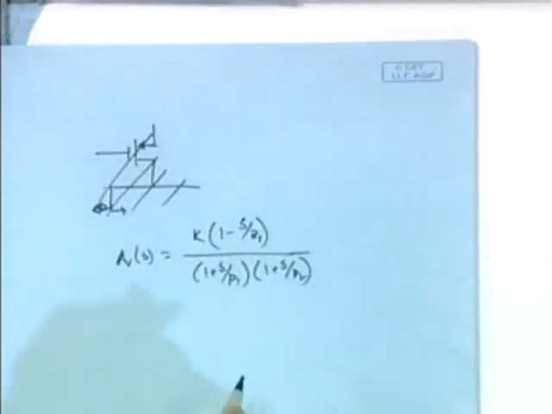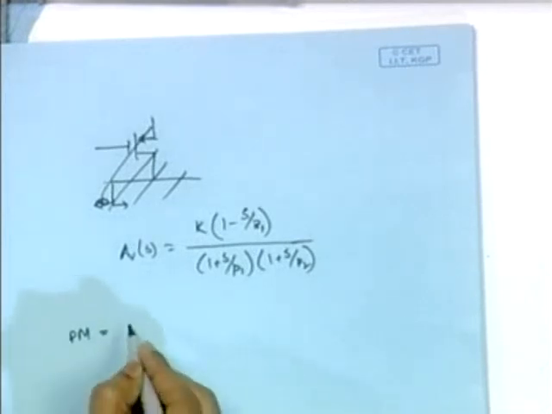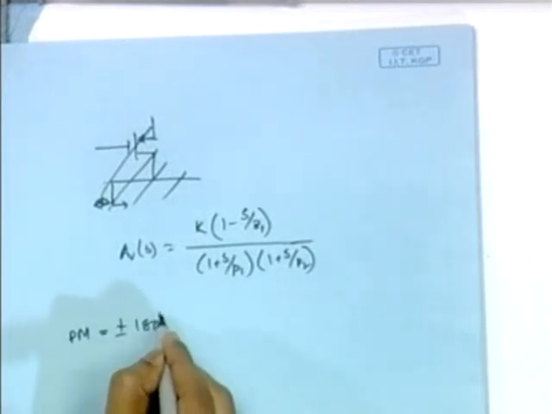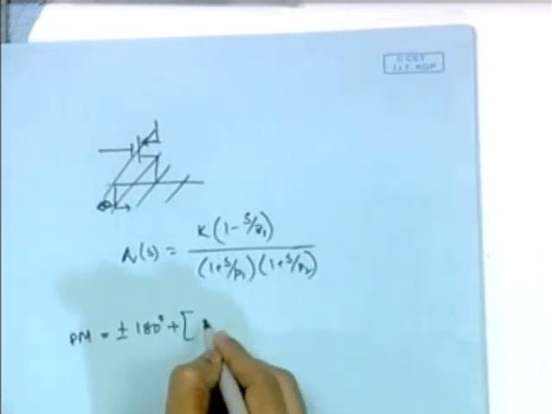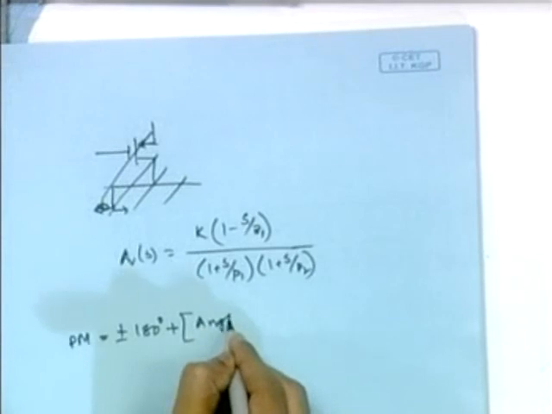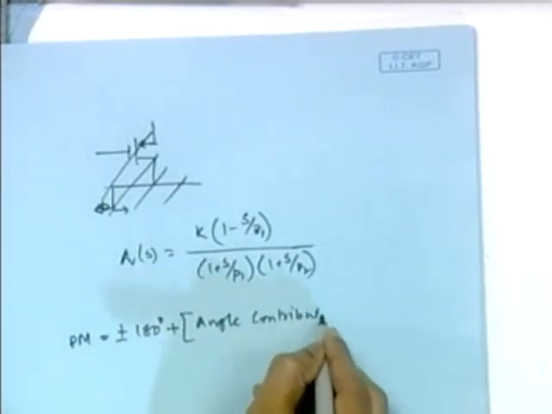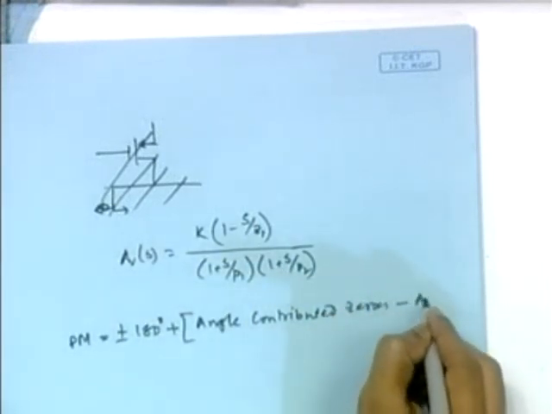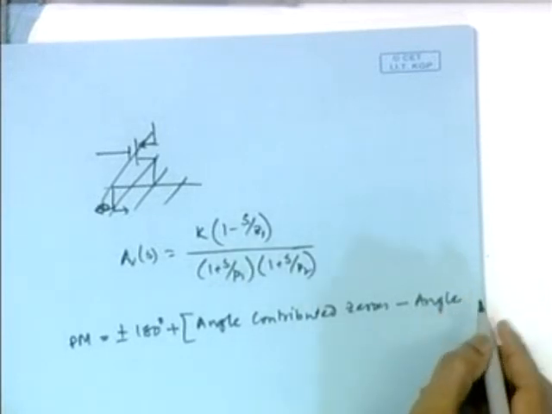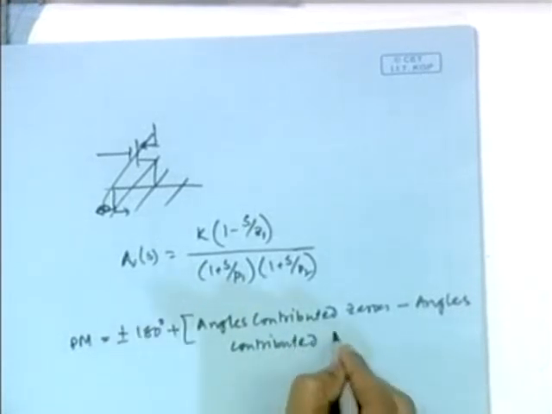So what is the phase shift? I am just writing the phase margin. The phase margin formula is basically something like this: plus minus 180 degree plus the angle contributed by zeros minus the angle contributed by poles.